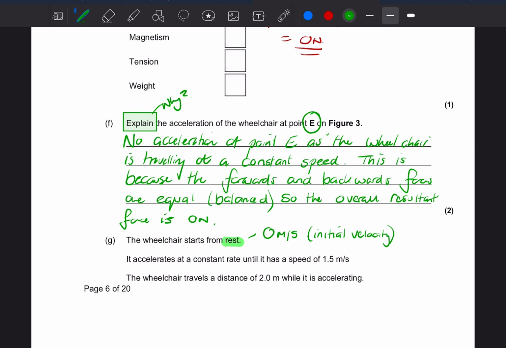It accelerates at a constant rate until it has a speed of 1.5 meters per second. So that is going to be its final velocity. And the wheelchair travels a distance of 2 meters. Meters are the standard units for distance. So that is a distance.